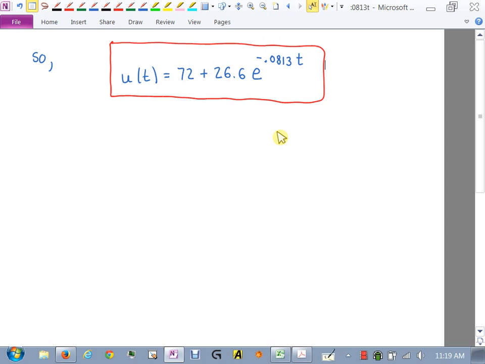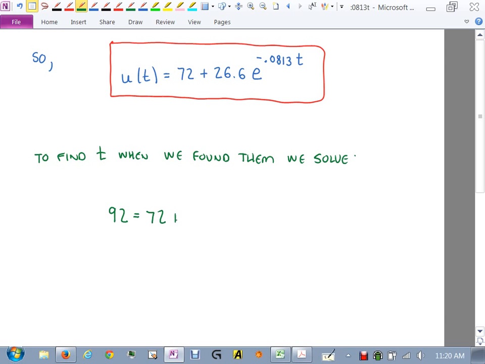So to find t when we found them, we solve this. 92 is their temperature, equals 72 plus 26.6 e to the negative 0.0813 t.